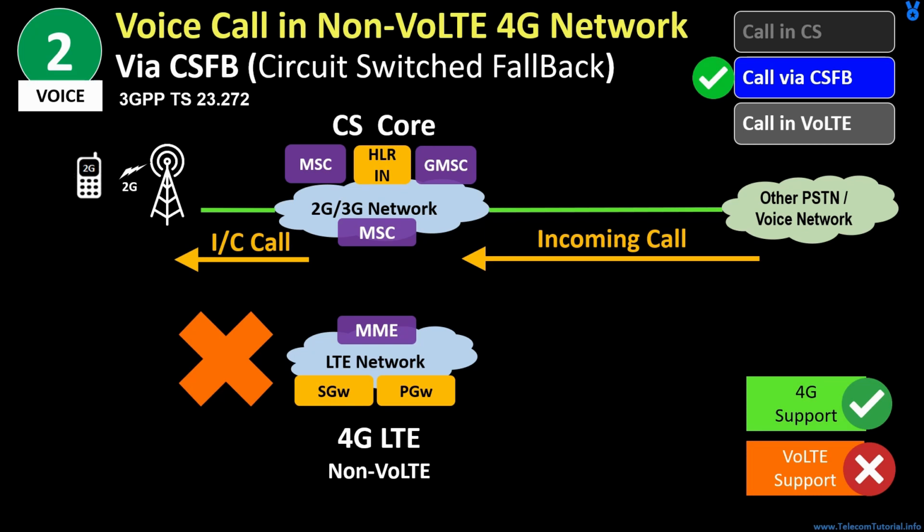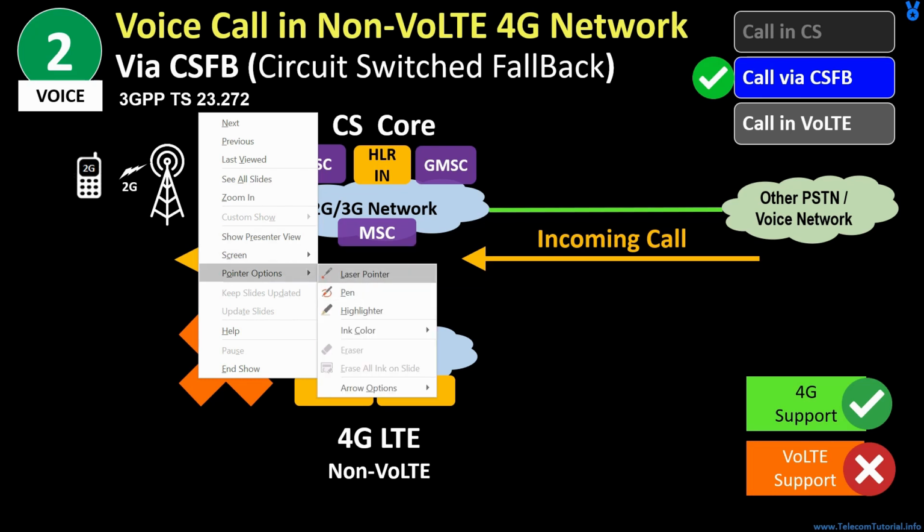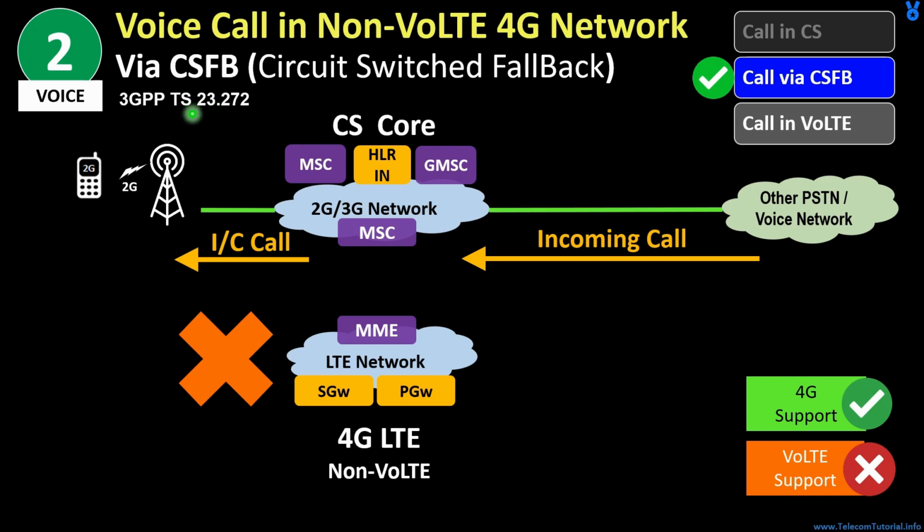There is a similar flow for an outgoing call where the UE goes to the CS network for making outgoing calls. Once the call is completed, the UE comes back to the 4G network. Please refer to 3GPP TS 23.272 for further study on CS fallback or CSFB. This document describes all the call flows which are used on the ground while CSFB happens.